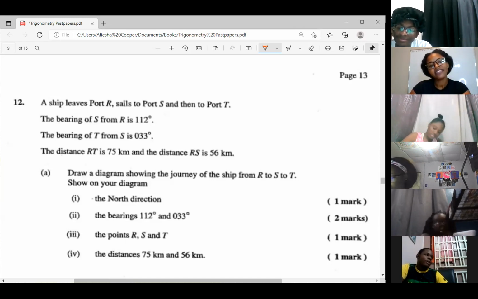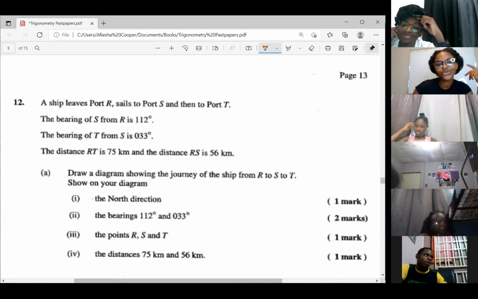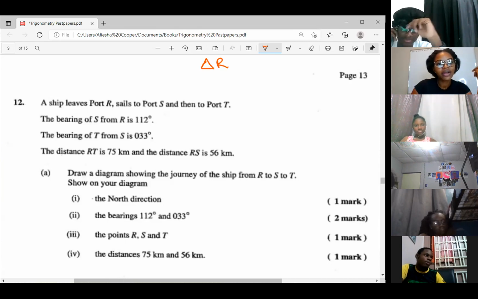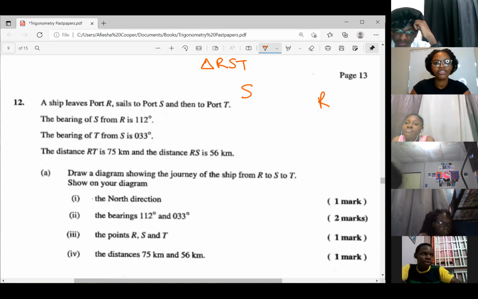So our ship leaves Port R, sails to S, and then to T. So we know we have triangle RST, right? The bearing of S from R is 112.